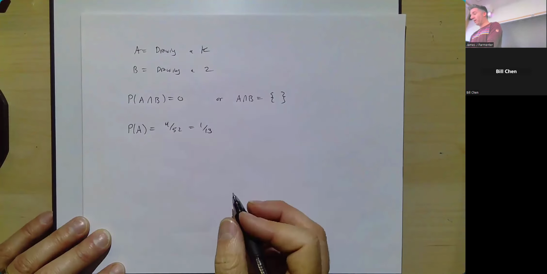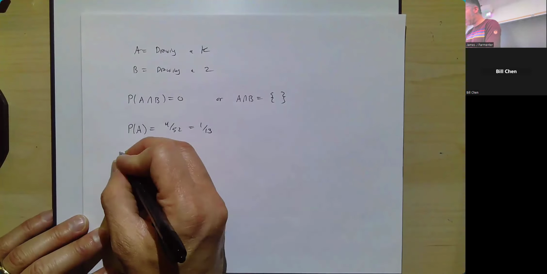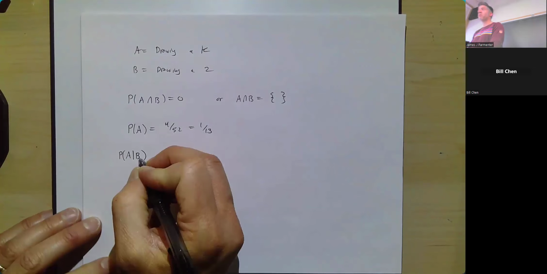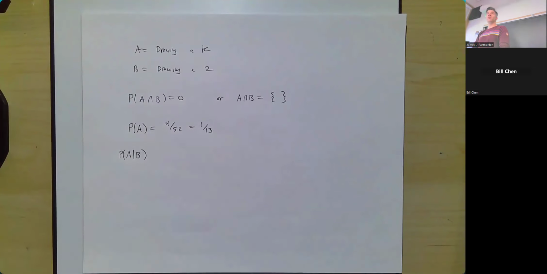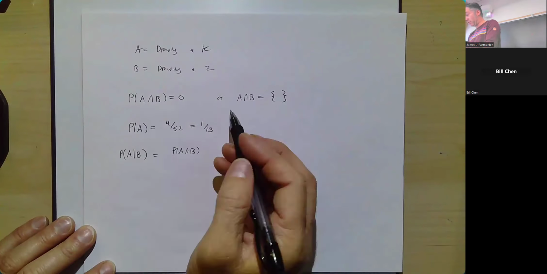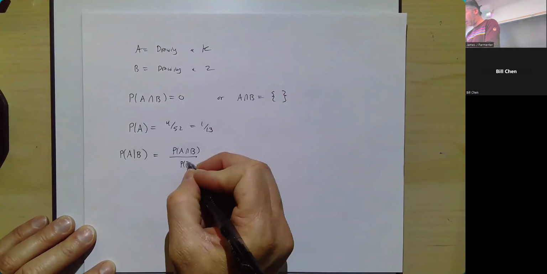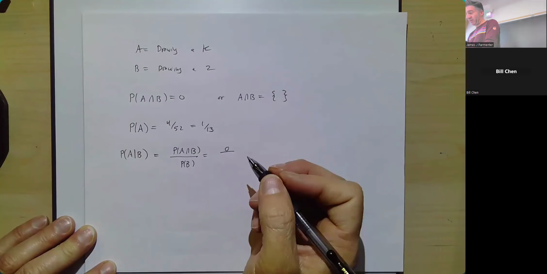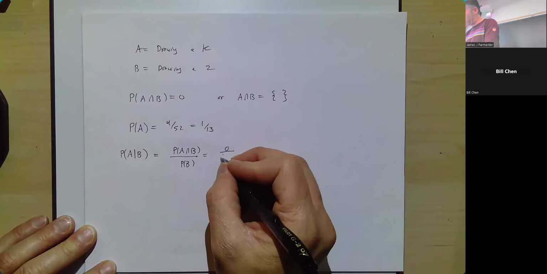All right. What's the probability of A given B? Knowing that I drew a 2, what's the probability of getting a king? 0. Because it's the probability of the intersection, and the intersection has a 0 probability divided by the probability of B. That's 0 divided by, we don't really care, but it is 4 out of 52.